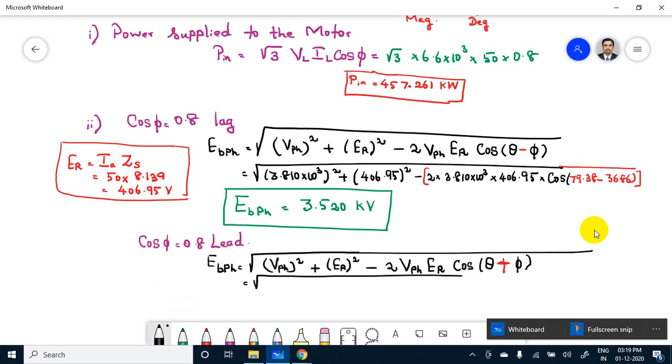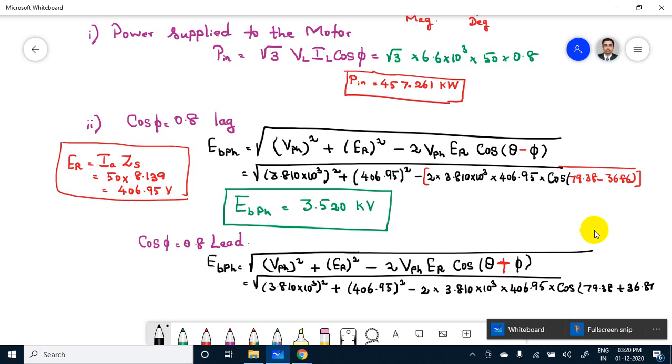Now substitute all the parameters: 3.810 into 10 power 3 whole square plus 406.95 whole square minus 2 into 3.810 into 10 power 3 into 406.95 into cos of 79.38 plus 36.86.